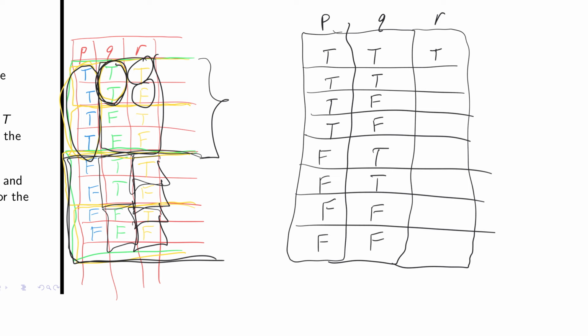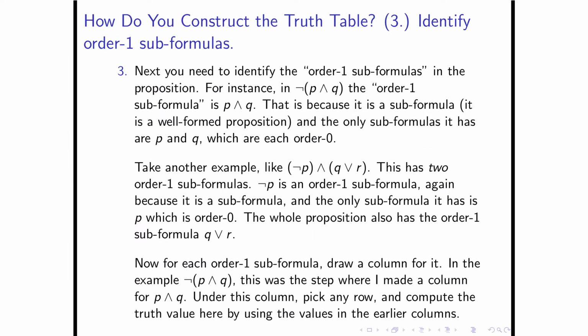Then true an eighth, false an eighth, true an eighth, false an eighth, true an eighth, false an eighth, true an eighth, false an eighth. So you can do it by halves, quarters, eighths, and this recipe continues to work even when you have more variables.